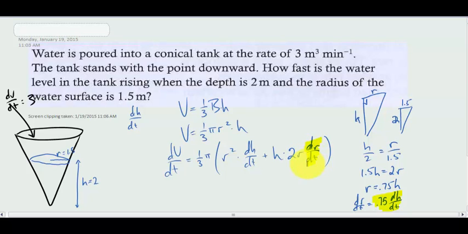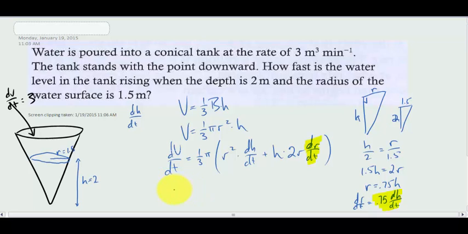And now we know every piece of this derivative, and the only thing I'm missing is dh/dt, the thing that I was trying to solve for. So let's substitute the numbers and do our solving. In doing these substitutions and solving, you should find that dh/dt is equal to 0.424 meters per minute.